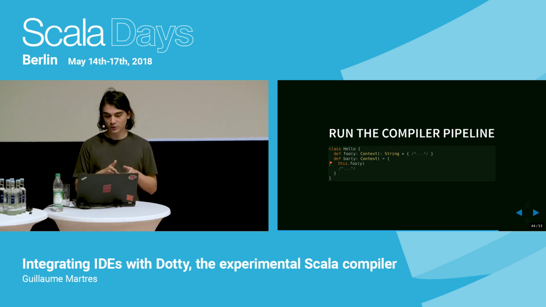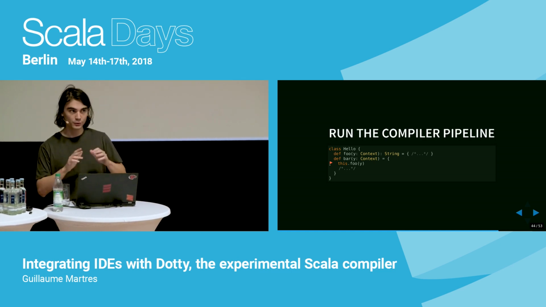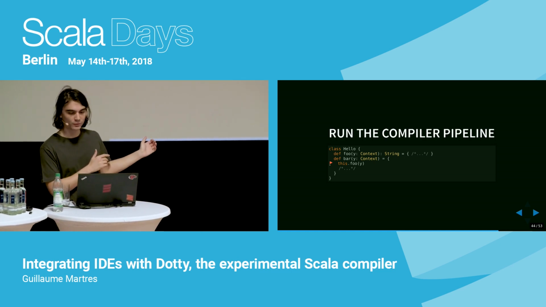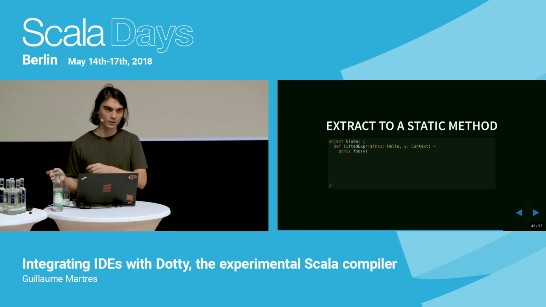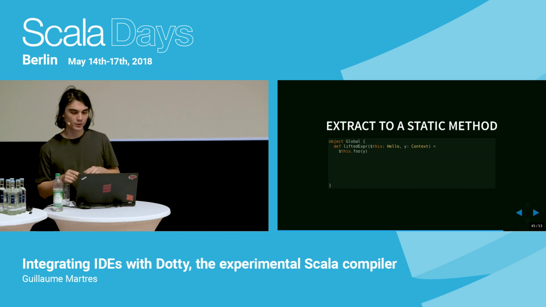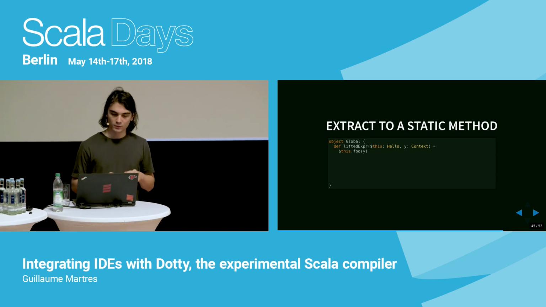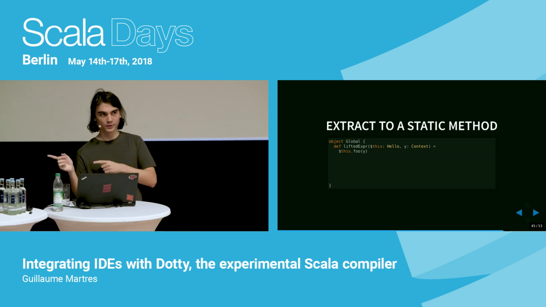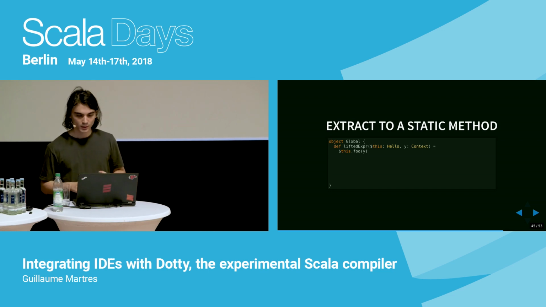So based on the position of this thing, we can add a phase to the compiler, which is only used for expression evaluation in the debugger, and that phase is going to extract the code that you want to evaluate in your debugger into a static method. So why is this useful? Because once you have a static method, if you can compile it to some class file and run this class file on the JVM, you can just say call this method to your debugger.